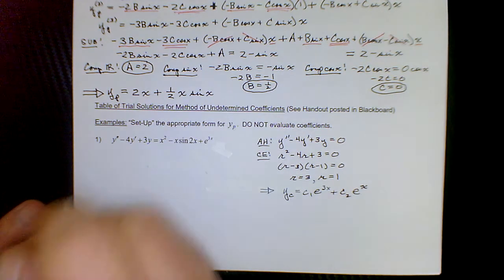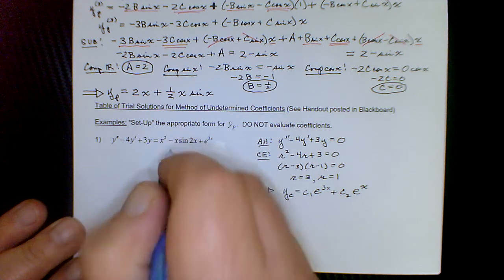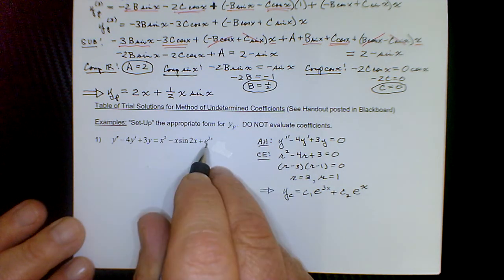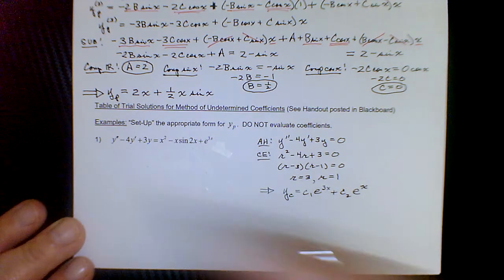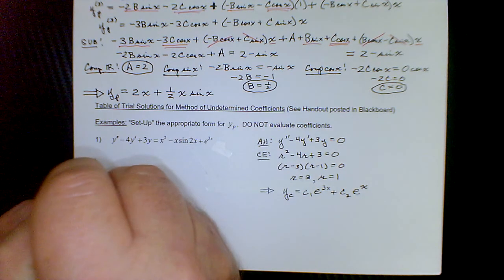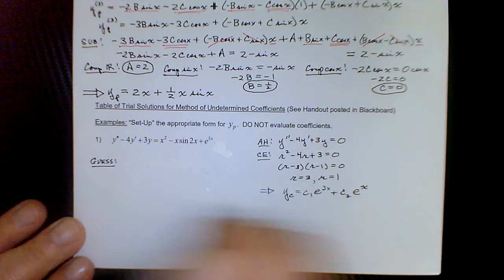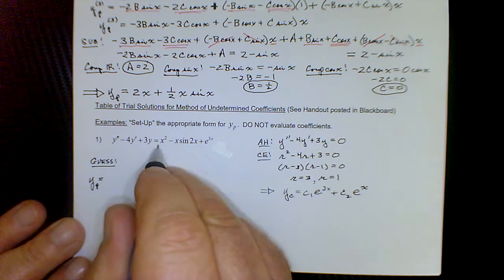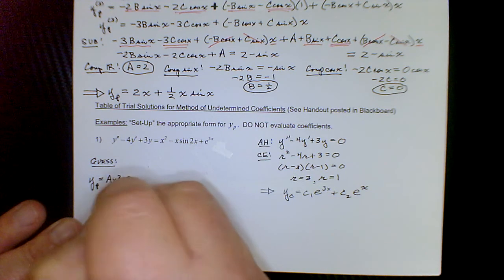And our guess is going to be composed of the things that could possibly make up the functions on the right-hand side. So for the x squared term, let's say here's our guess. For the x squared term, we're going to need an ax squared plus bx plus c.